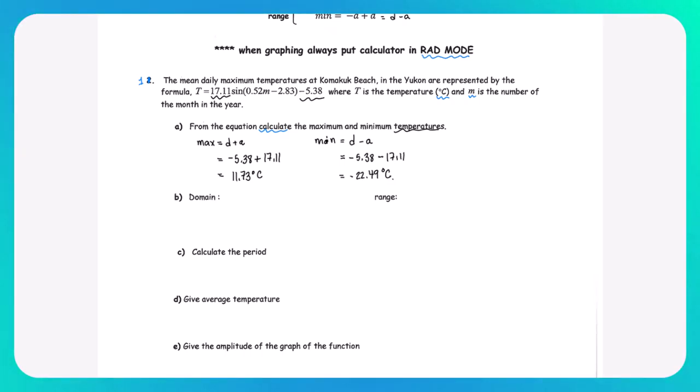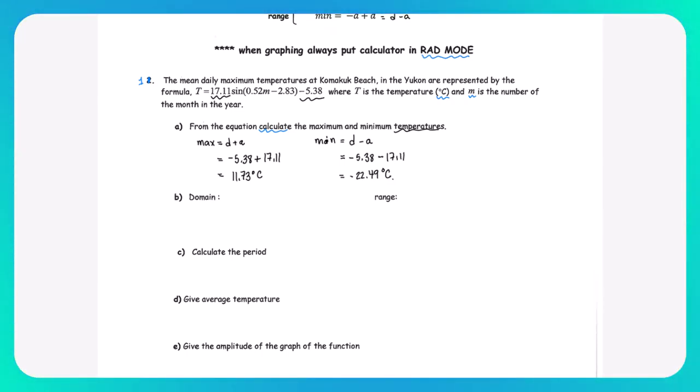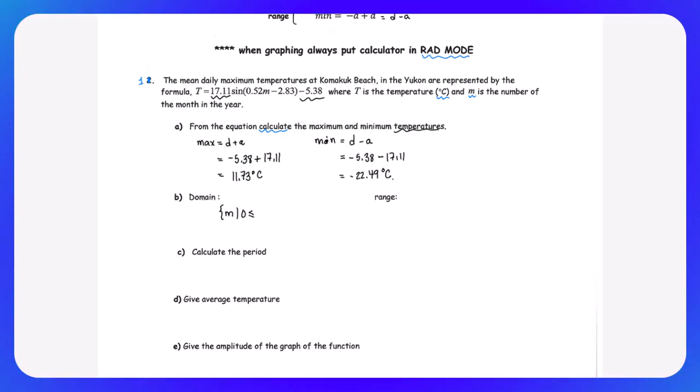Let's look at B. What is the domain? If we're talking about the first month of the year to the last month of the year, our domain is M such that 0 is less than or equal to M, less than or equal to 12, M an element of the real numbers.